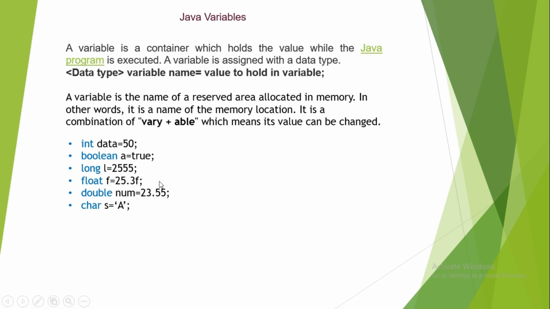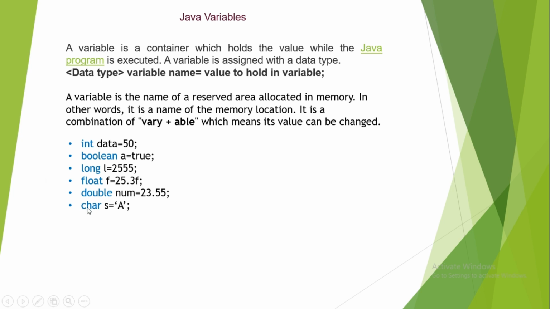And if you want to store decimal numbers, float, f equal to 25.3f. And double, you can write num equal to 23.55. Float can be used to store 4 bytes, whereas double can be used to store 8 bytes.